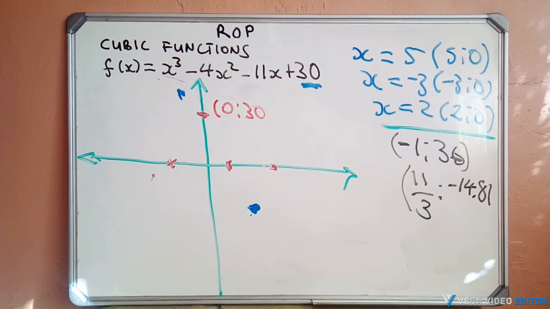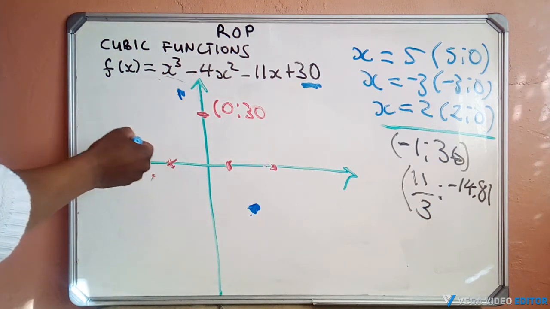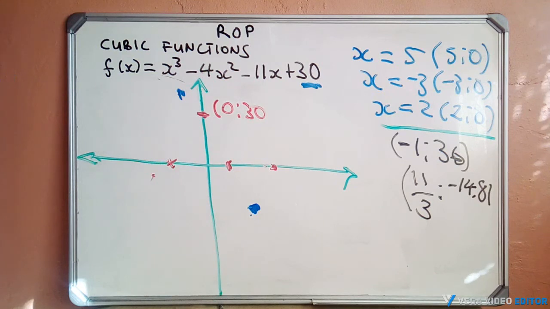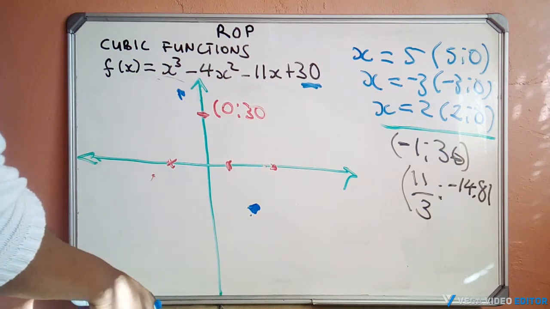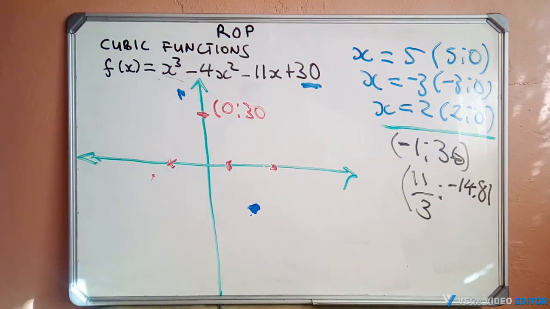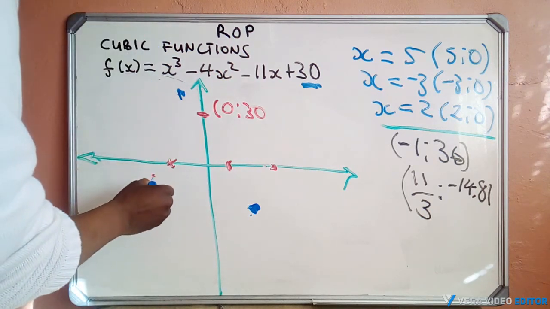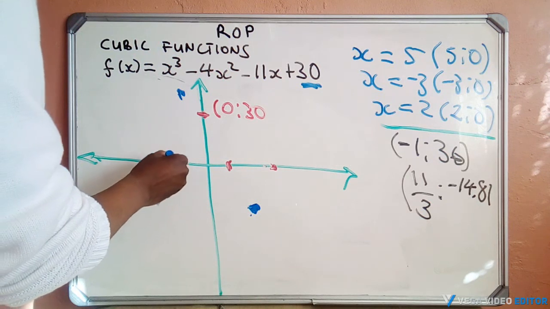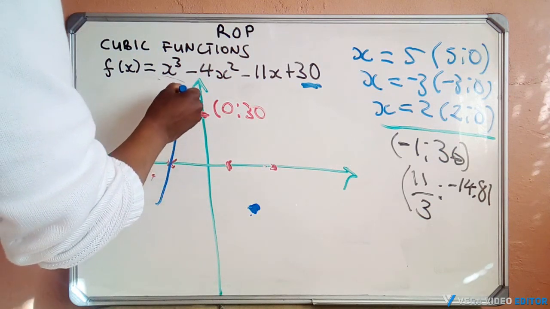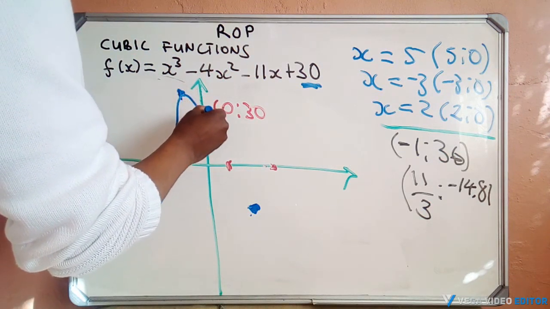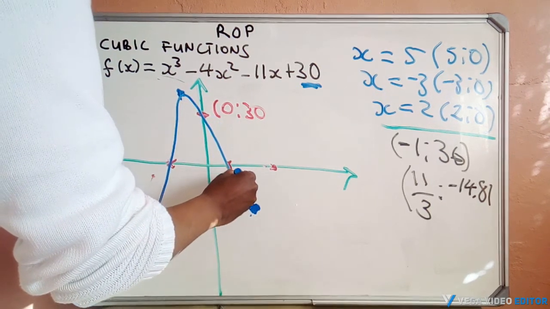All right, so what we can then do is join up our points. Let's use a different color to join our points. We join our points like that.